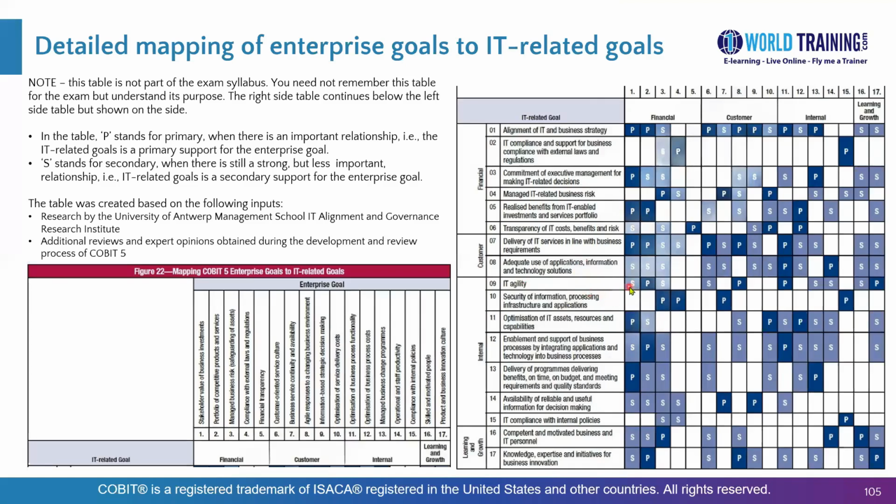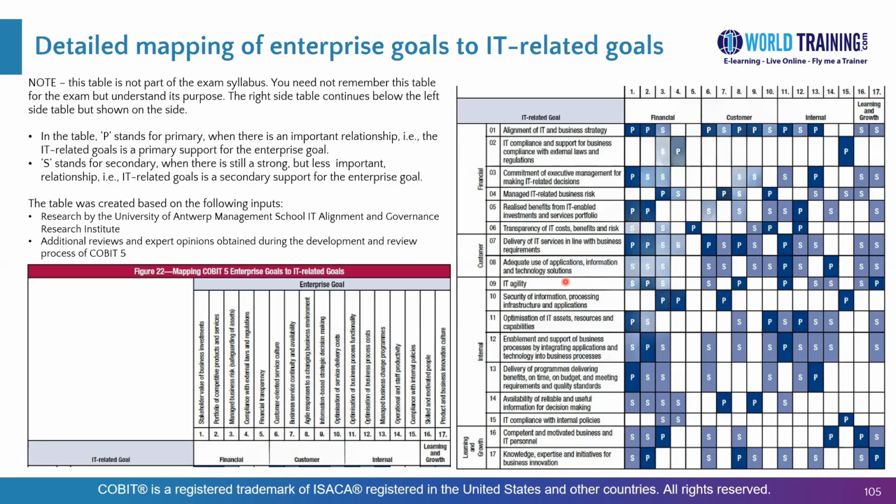So IT agility is connected with enterprise goal number 1, and also with enterprise goal number 2, 3, 6, 8, 11, 13, 14, 16, and 17. Now, some of those are primary relationships and some are secondary relationships. So these kinds of reflections should be done on this table. That can be very useful to understand the table quite well.